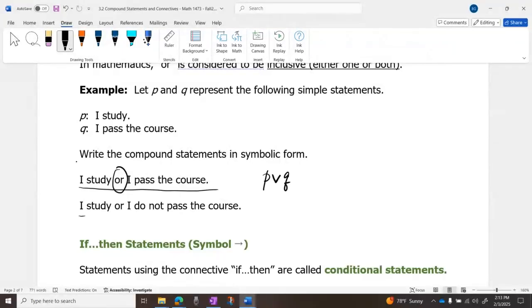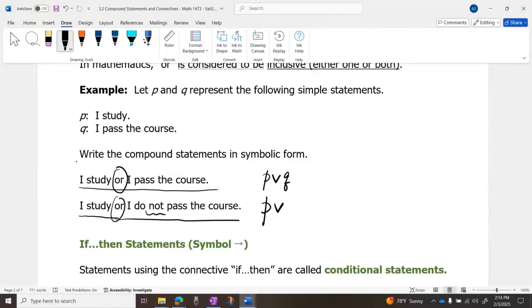Next, I study or I do not pass the course. So we do have a disjunction here, so we have a little v. To the left of the notation is P, I study, and to the right is I do not pass the course.